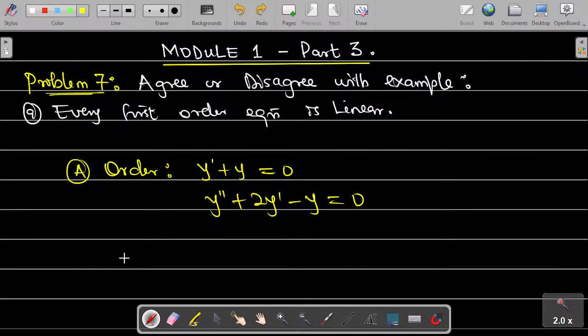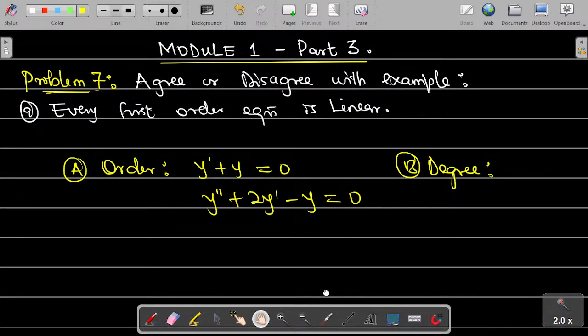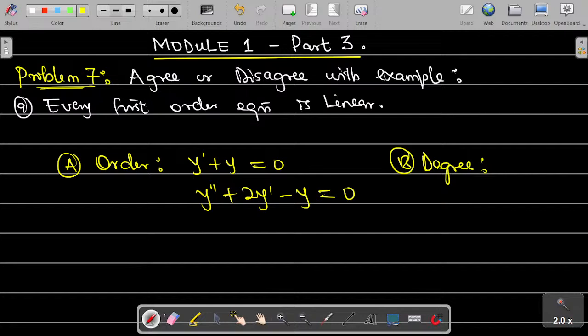Away from order, we now have what we call degree. The degree of a differential equation shows the power of the highest derivative present. For instance, here the highest derivative present is y prime and the power is 1, and the same applies here.